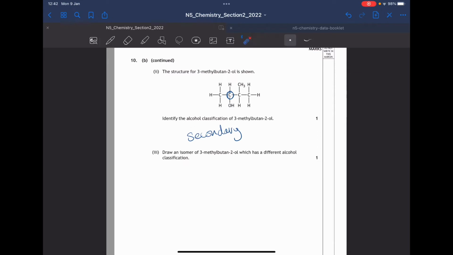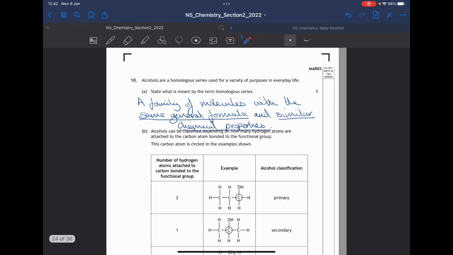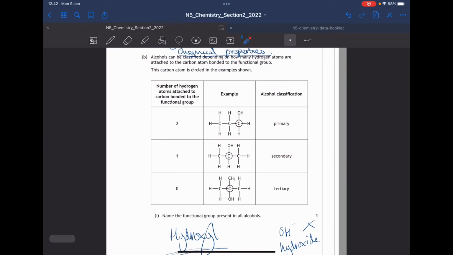So normally when we are making isomers, we would just take a branch and stick it on the end. However, this one's a bit more difficult because it needs to be a different alcohol classification. So in order to do that, we need to move the hydroxyl group. Okay, so rather than moving the branch, we're going to move the hydroxyl group.